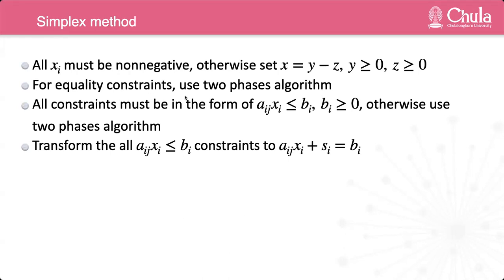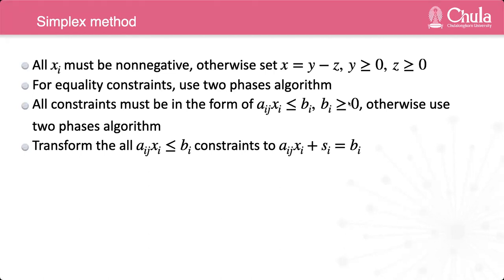And for an equality constraint, use the two-phase algorithm. We cannot deal with equality constraints at this point, okay? Just skip it first. Later, I will tell you how to deal with the equality constraint. The next one, all constraints must be in the form of less than or equal, where b must be non-negative, okay?